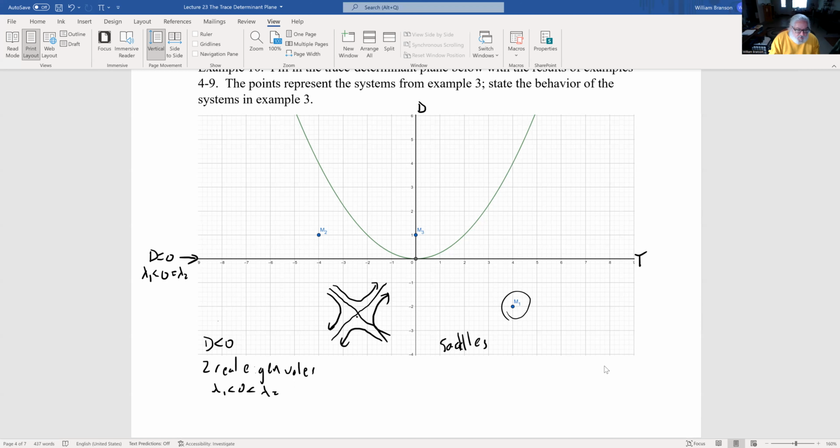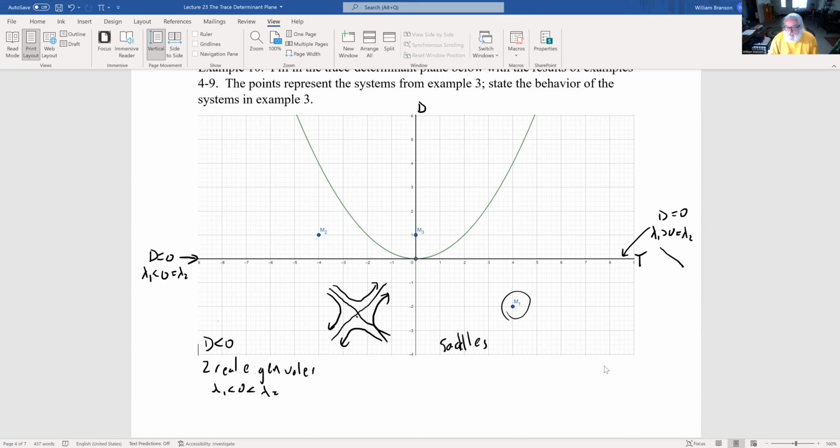Along that line, if we have a negative t value, we'll just have a negative eigenvalue and a 0 eigenvalue. On this side, with positive t values, we get lambda 1 greater than 0, and lambda 2 is 0. And we know what that kind of system looks like.